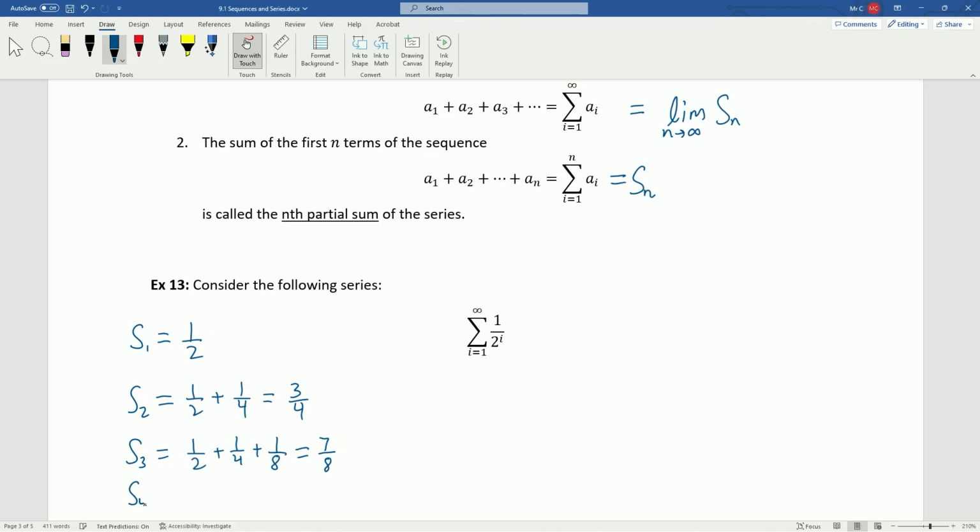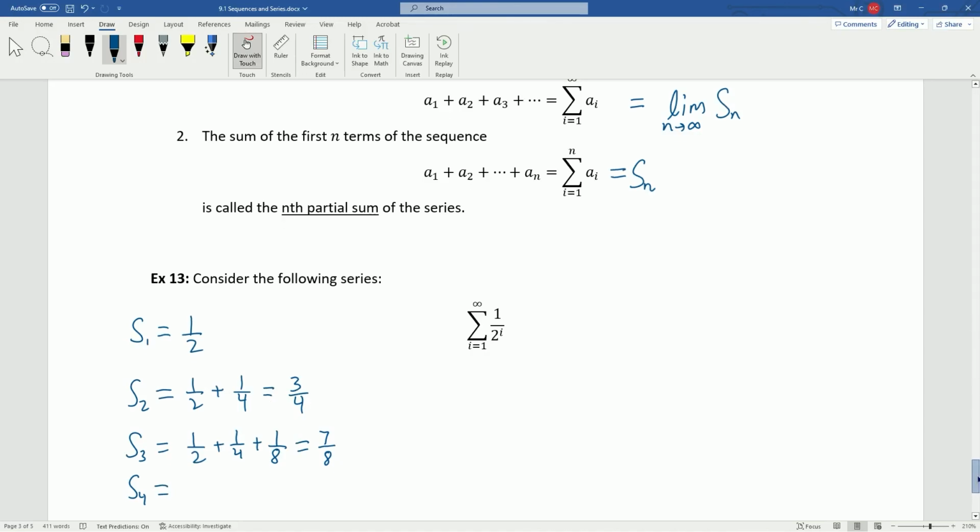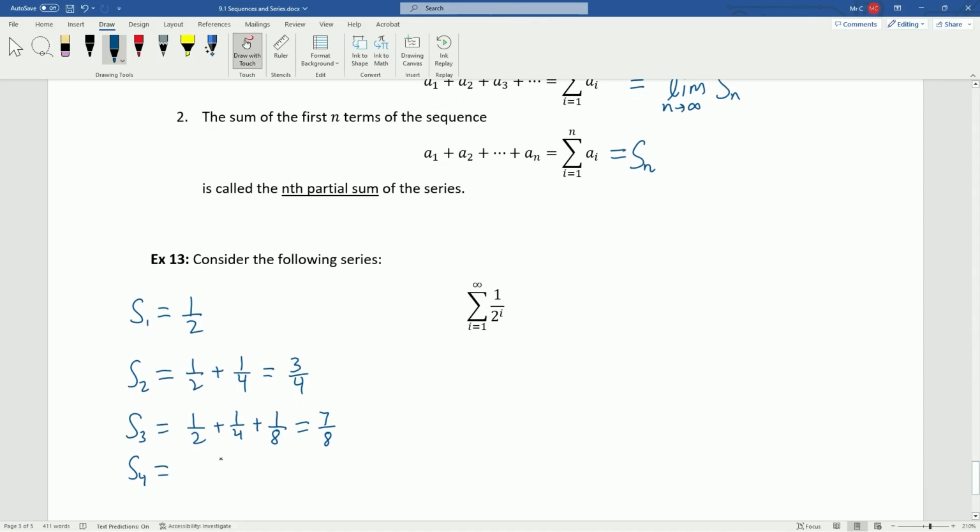We'll write out one more of these, and then we'll start looking at a number line and see what's happening here. So our next term will be 1 over 16, and when I add these all together, I get 15 over 16.